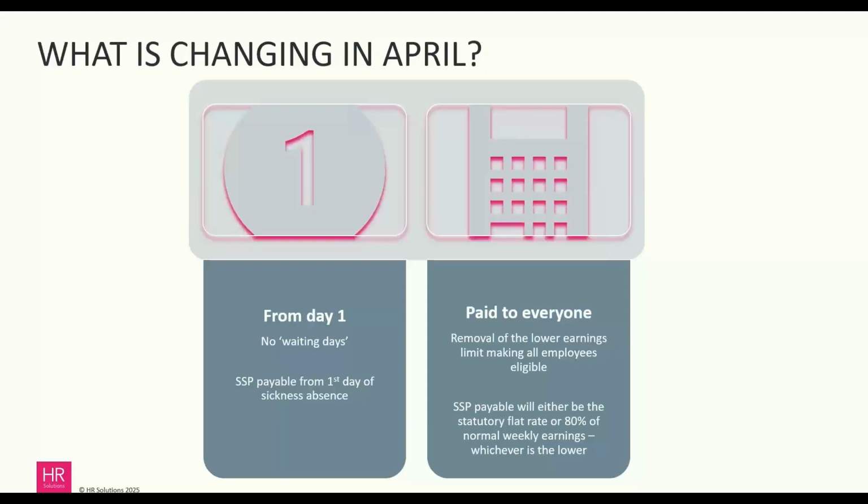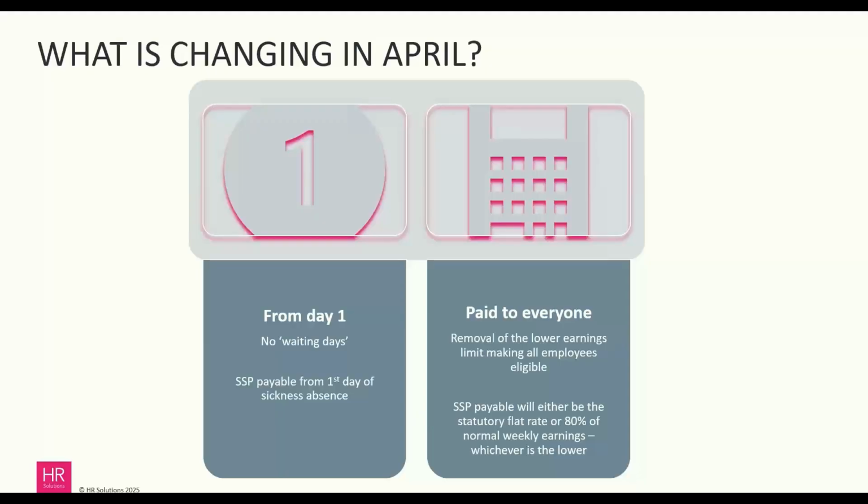And then second, the current threshold that we use to determine who is eligible to be paid statutory sick pay is going to be removed. We currently use what's known as the lower earnings limit. The current rate of that is £125 a week. Those who earn on average at least this figure are currently entitled to sick pay.